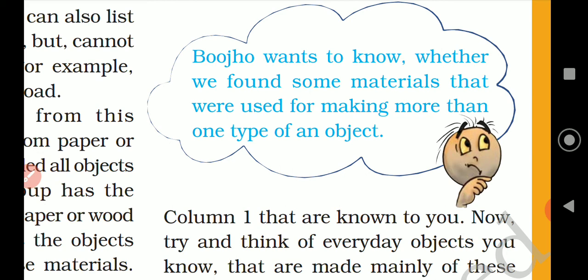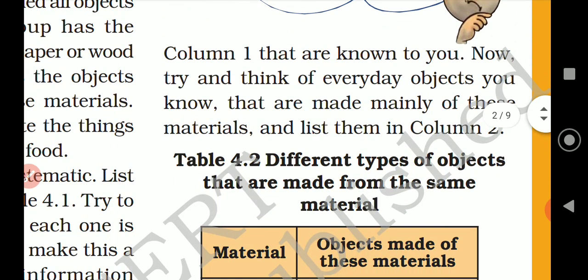What all things can be made out of glass? Have you found anything where the objects are the same but the materials are different? That you have to check. So table 4.2 shows different types of objects that are made from the same material.